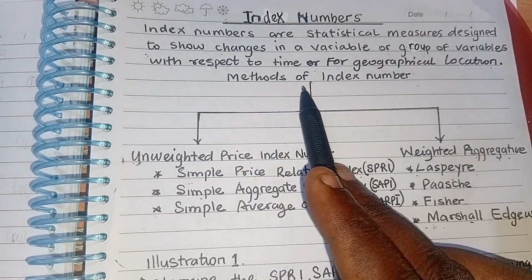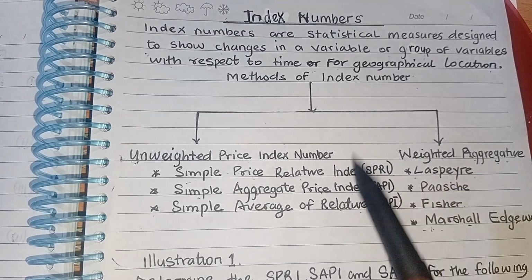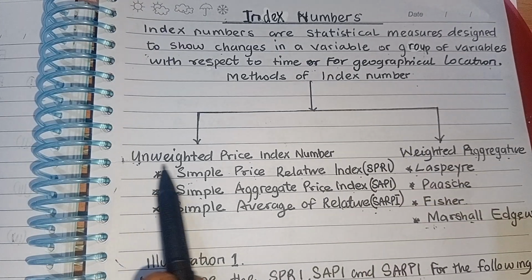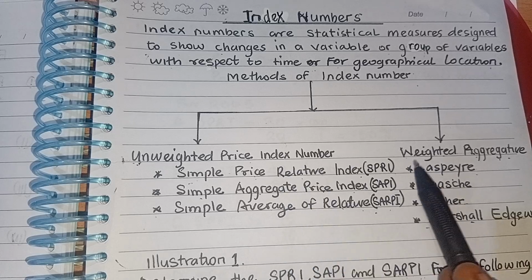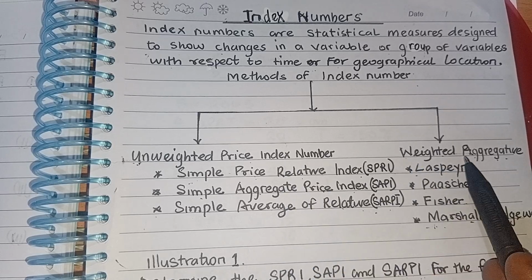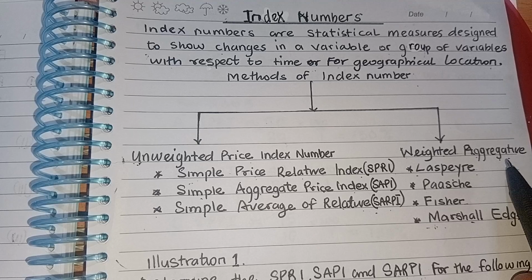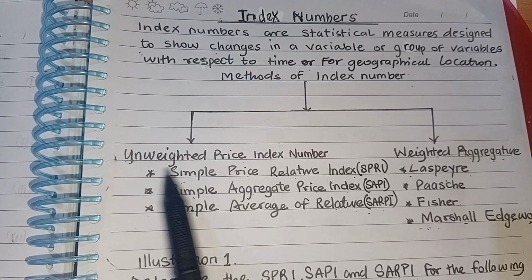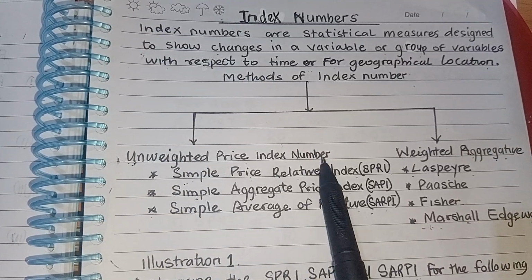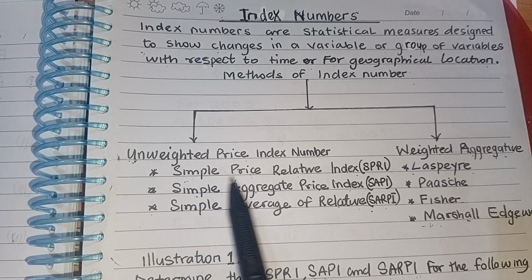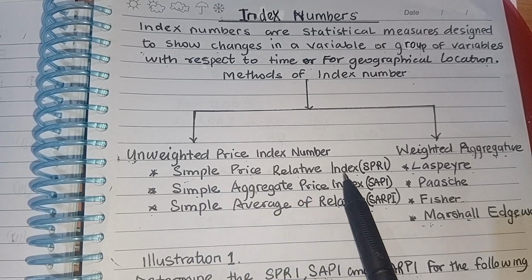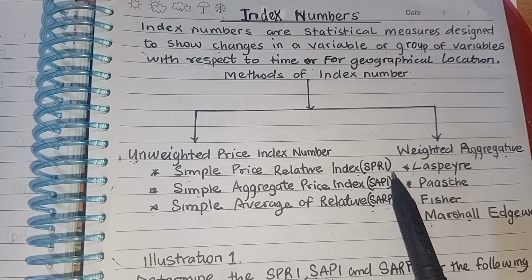We have methods of index number. What are the methods? Number one, we have unweighted price index number. Then we have weighted aggregative price index number. The examples of unweighted price index number include: one, simple price relative index, SPRI.